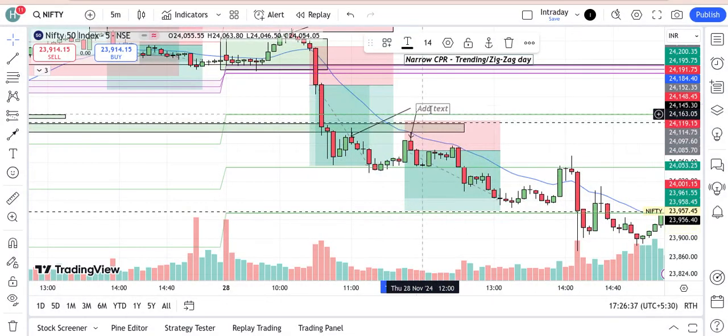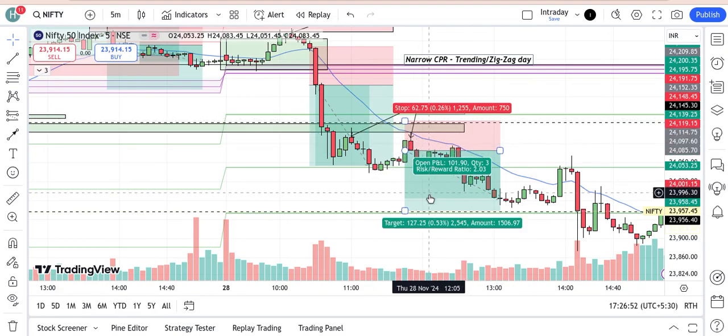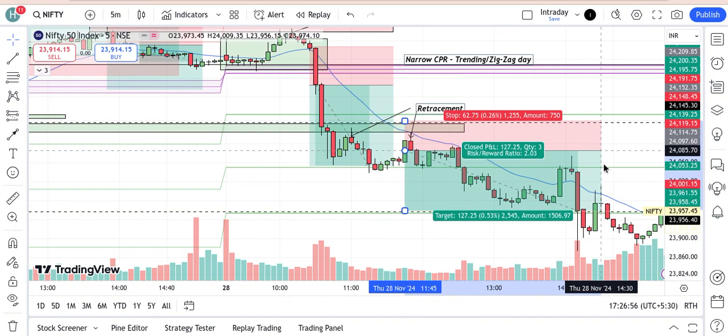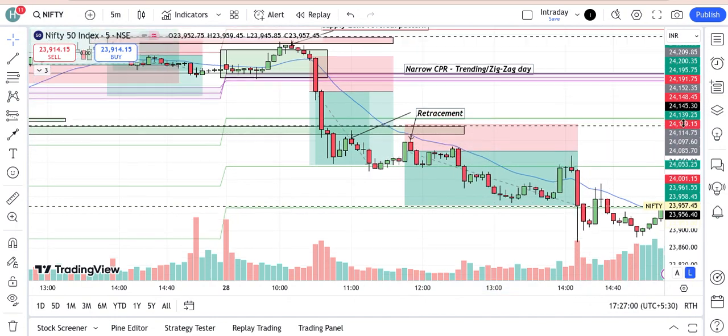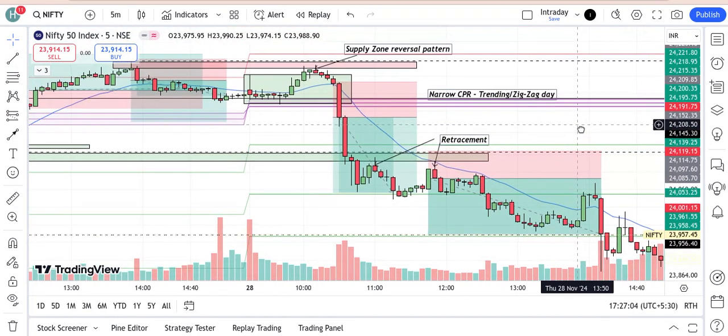In that also we have to find an opportunity, but with a logic and strategy, not like every red or every green candle you should go short or long. So this trade also hits on this candle. So we had 3 trades today, and all 3 hit the targets.